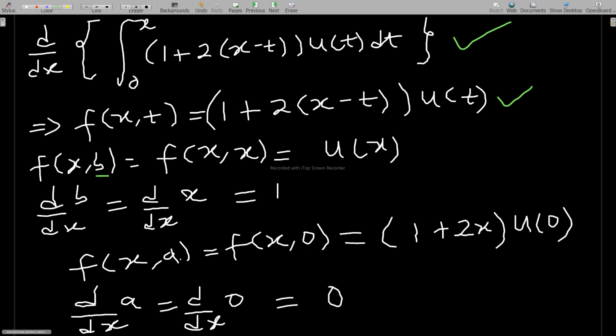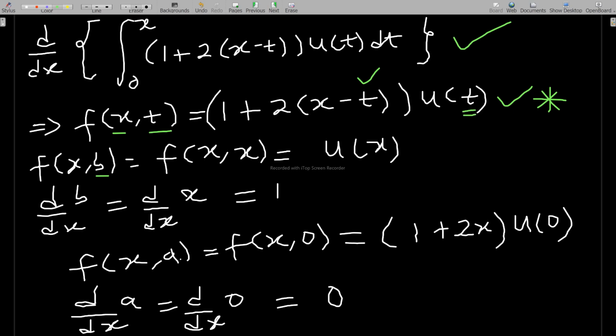The only thing that changed was just the t, so through this function f of x, t, wherever I see t, I put in x. Here there's one t, I put in x, it becomes x minus x, that will give me 0. So I'll have 1 plus 0 multiplying u of t, but then t is turning to x, so it becomes u of x.